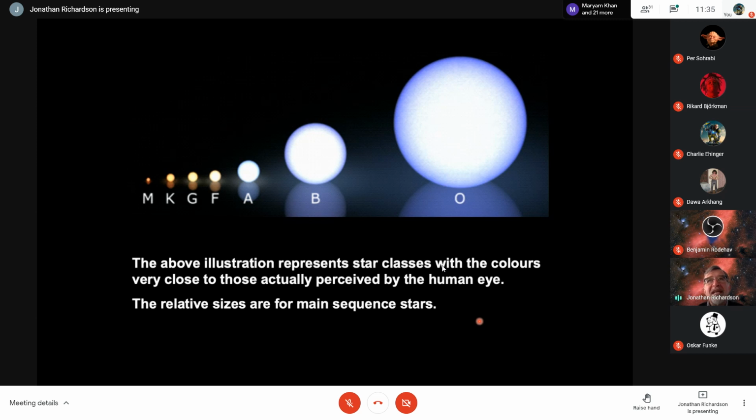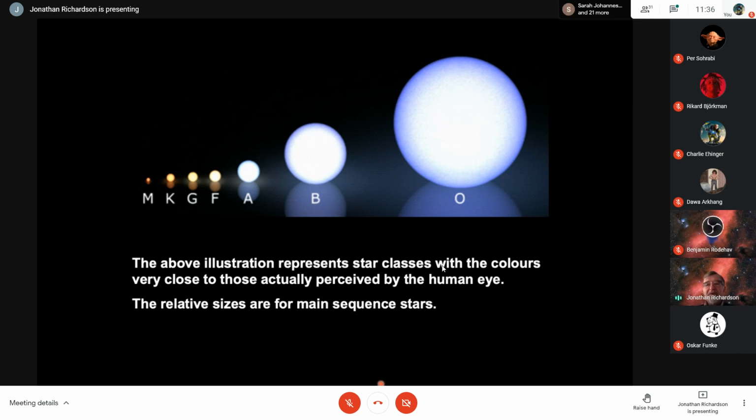And as you can see on this illustration, the O class, the blue stars, the ones that on the Hertzsprung-Russell diagram are the far left side, are by far the largest stars, as opposed to the class M stars, the smallest down here, which are on the far right of the Hertzsprung-Russell diagram.